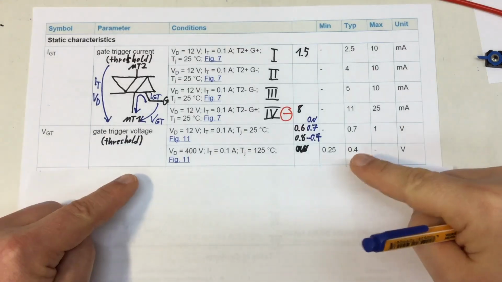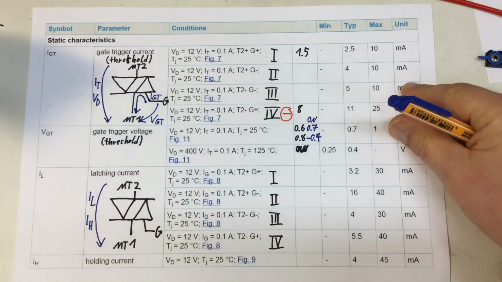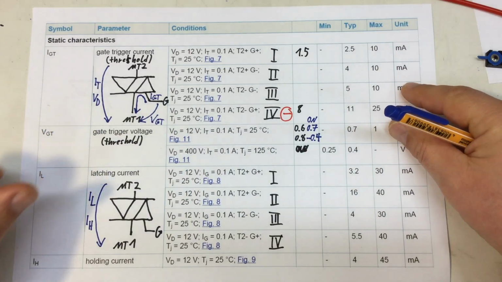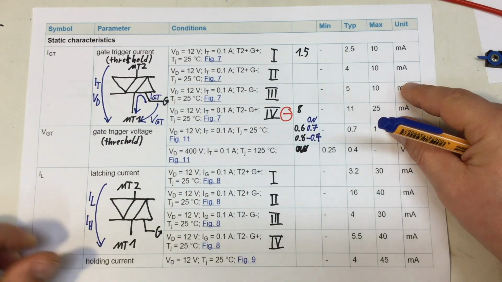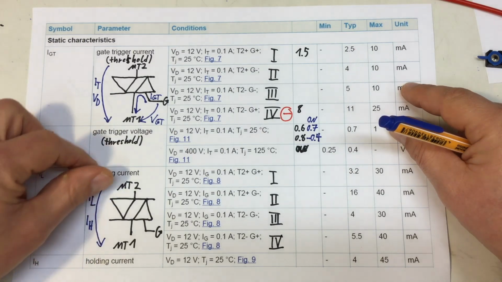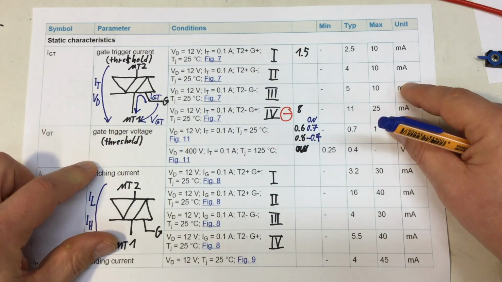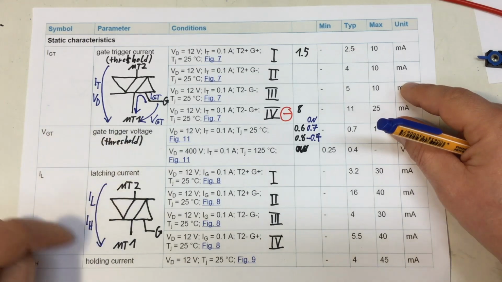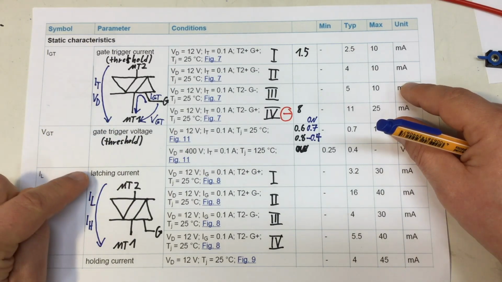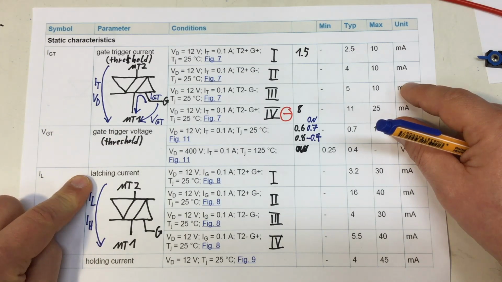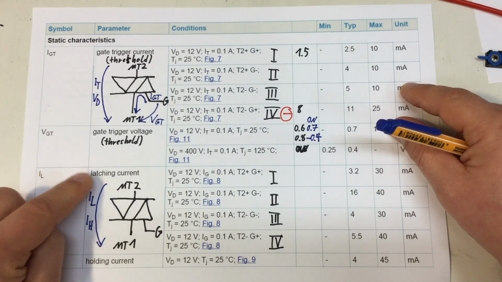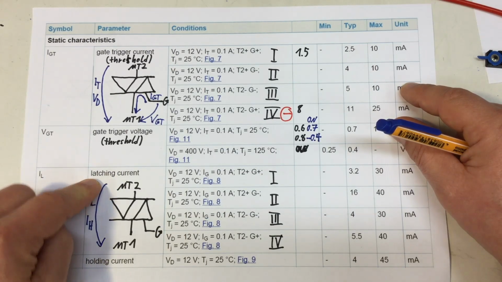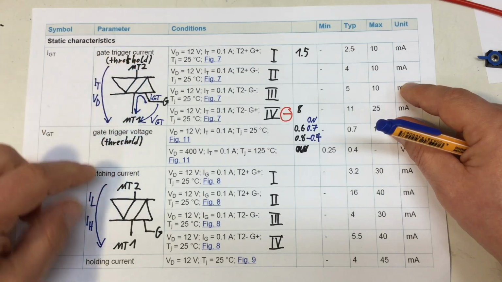Let's move on to the next two parameters, the latching current and the holding current. These are currents flowing between main terminal 2 and main terminal 1, so in your load circuit. The latching current has to be applied while you apply the gate trigger current.